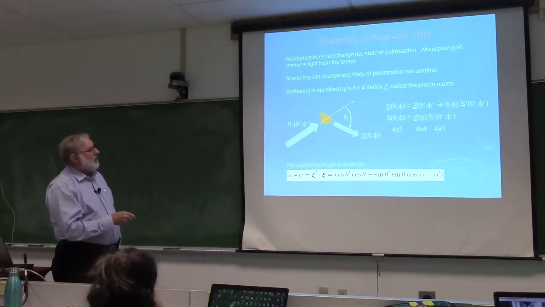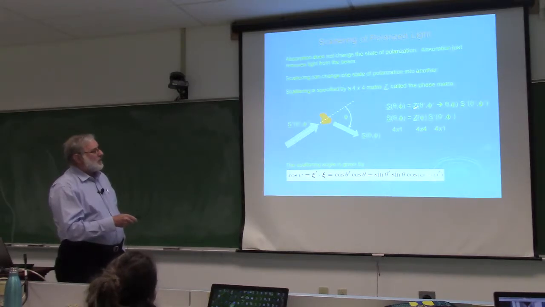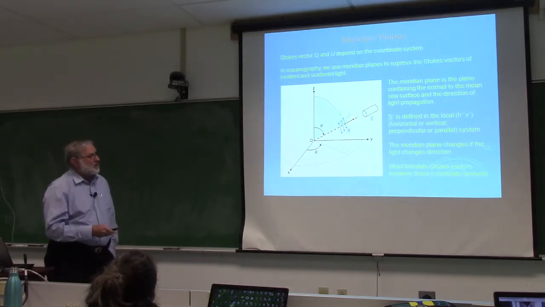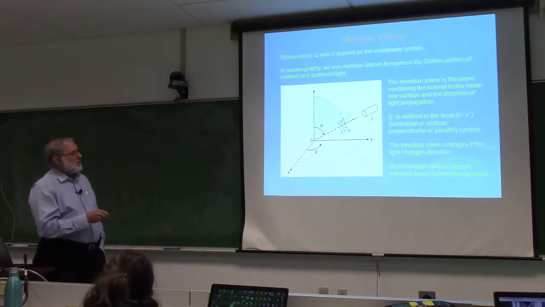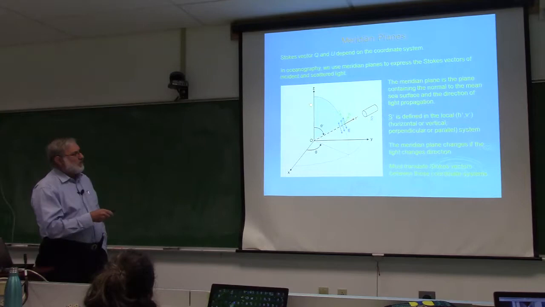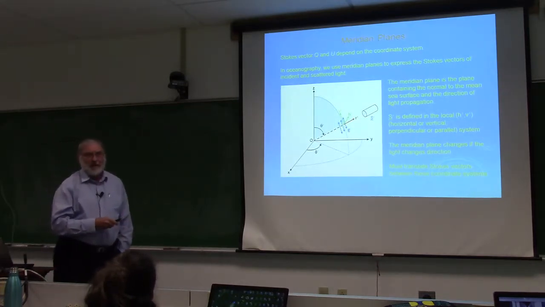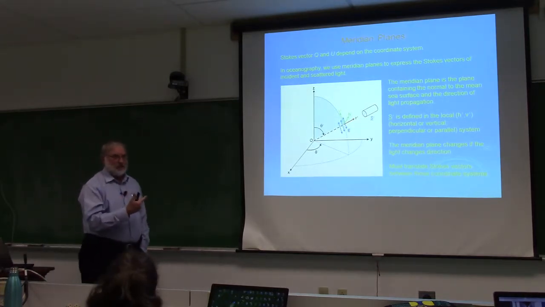Now this, as I've written it here, the Z matrix is called the phase matrix. And we have to get into coordinate systems now. Ken briefly mentioned that you've got a coordinate system here, and then you have to have either, I called it horizontal and vertical, he called it perpendicular and parallel. But you have to pick some coordinate system.